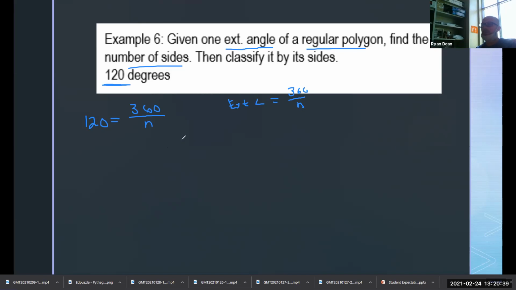Okay, now we're just solving for n. So to do that, this is like what we talked about in the last unit with the trig functions. These are just going to replace each other because I'm multiplying by n on both sides.